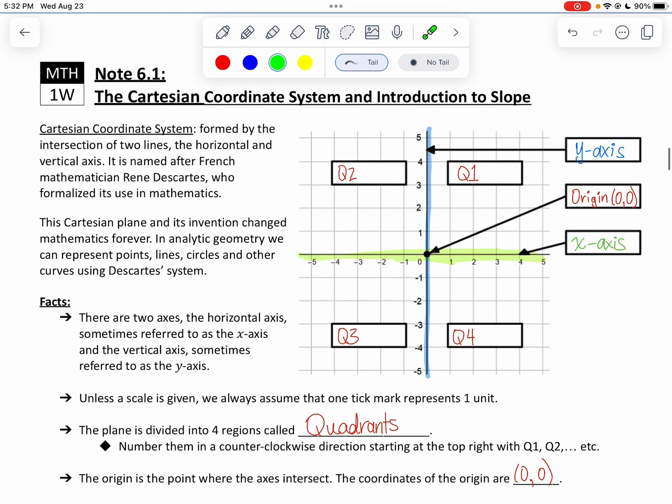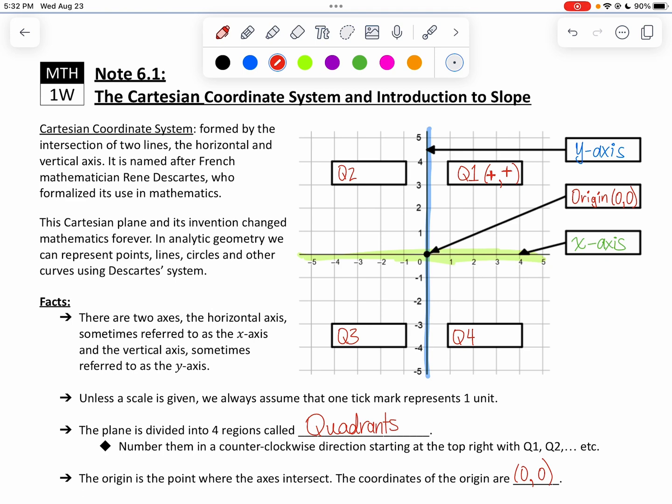So one thing we might notice when looking at our quadrants is that we're going to have a pattern between positives and negatives. So for example, in Q1, because I'm traveling with respect to the origin into the positives on the x-axis, we're going to have a positive value for our first number. And then because our second number is also going up, no matter where I am in this coordinate, then that means my y value is also going to be positive.